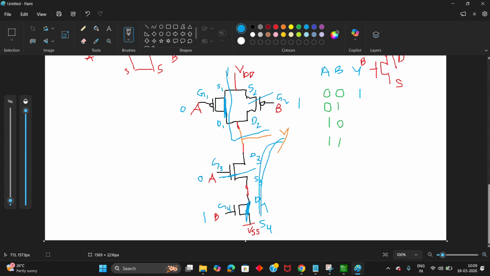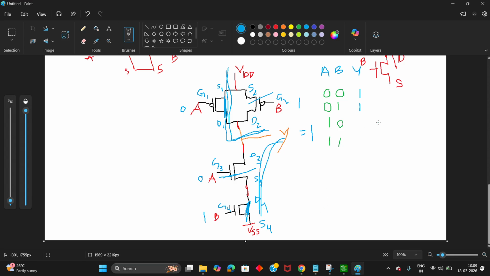You are having a path from VDD to Y, so again you are going to get output as 1. Why? Because we have a clear path from VDD to Y, right? VDD is a high voltage, so we are going to get high voltage, so again we are going to get the 1.